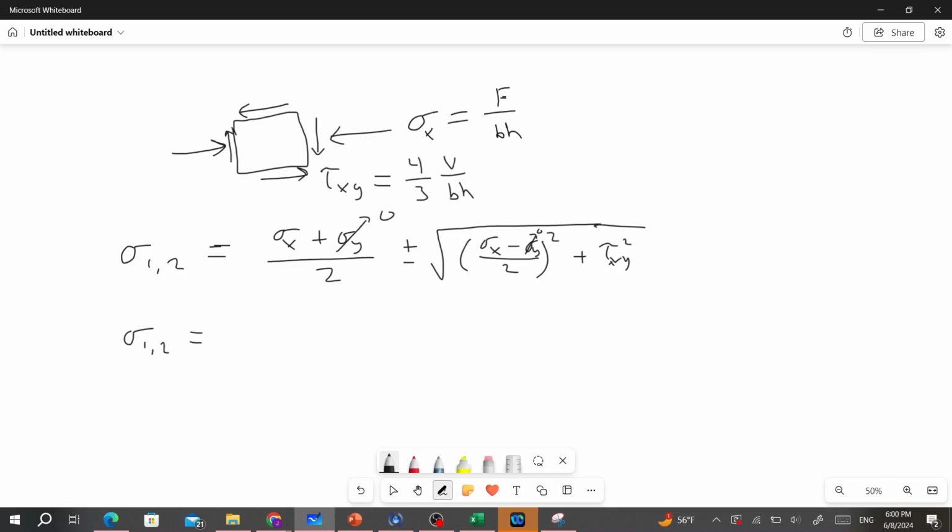So sigma 1 and sigma 2 are negative F. And remember, the magnitude is going to be important now. Sigma x is compressive, so the magnitude is F over BH, but sigma x is actually negative because it's compressive. So we're writing negative F over BH and then divided by 2, so that's negative F over 2BH, plus or minus the square root again.